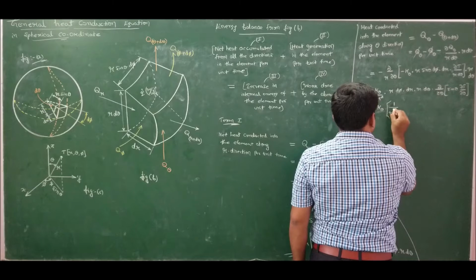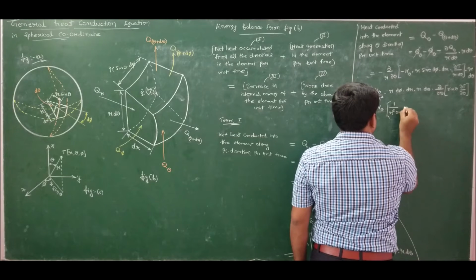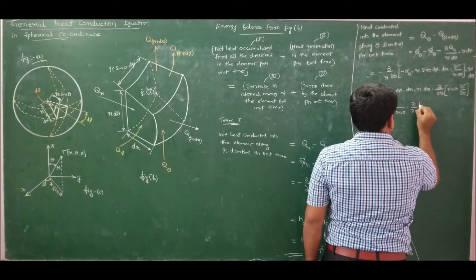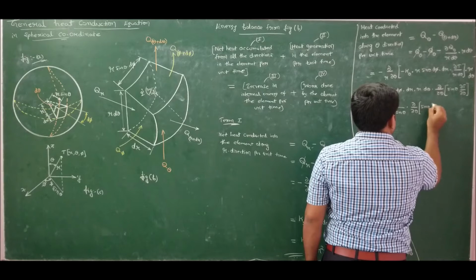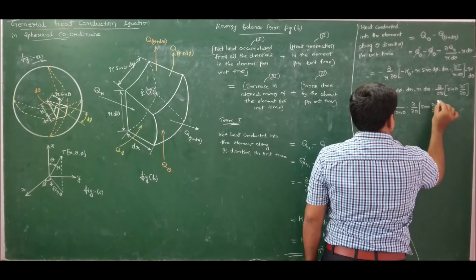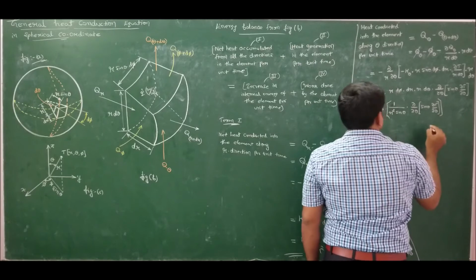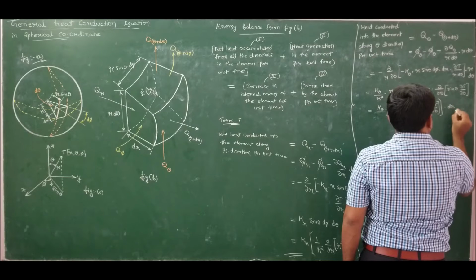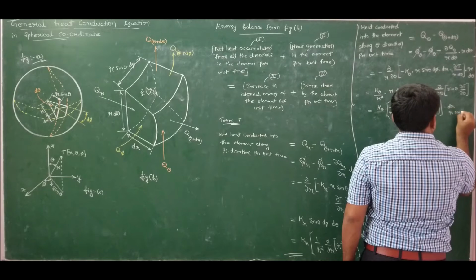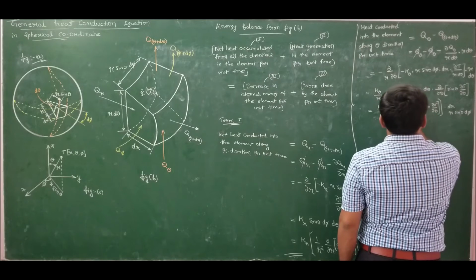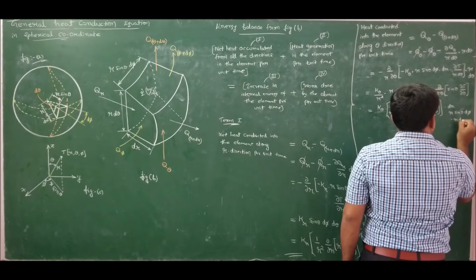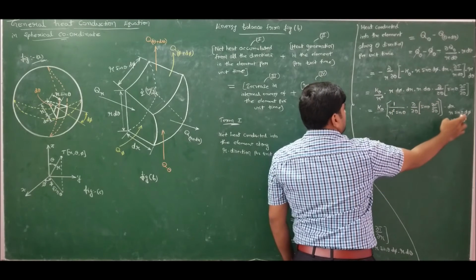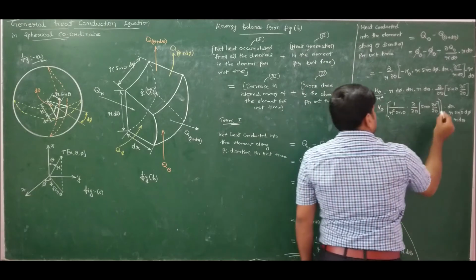So I get 1 by r square sin theta times dou by dou theta of sin theta dou T by dou theta, into, now I can write the volume as dr, r sin theta d phi into r d theta. So I multiplied and divided by sin theta. Correct.